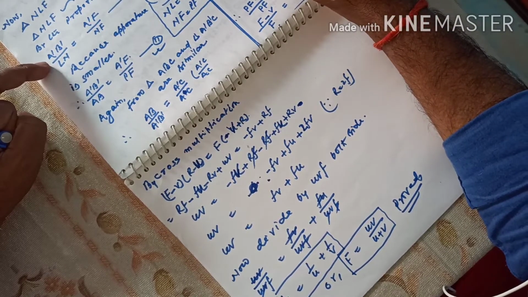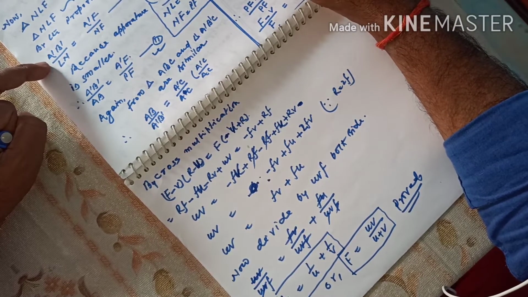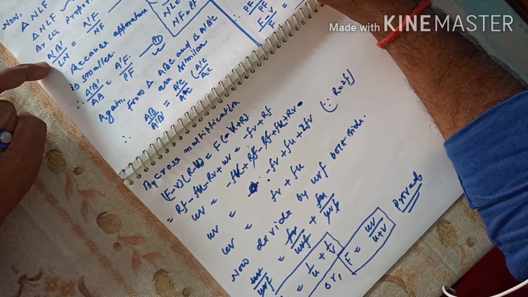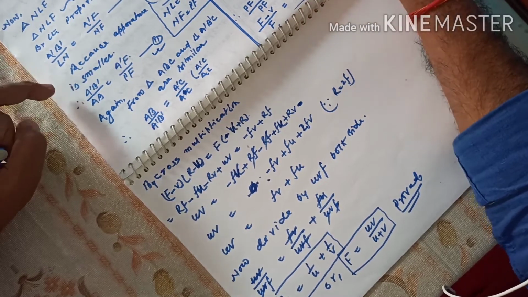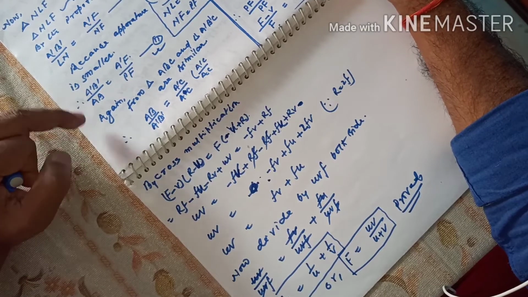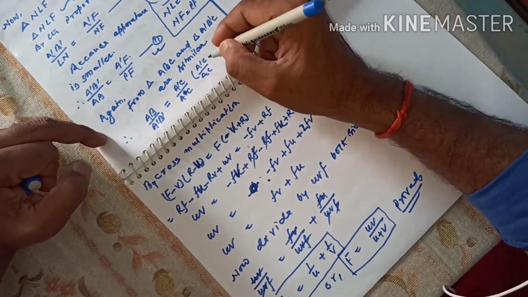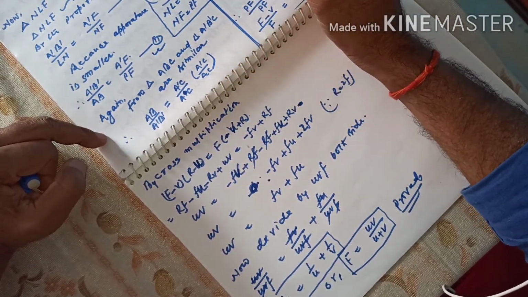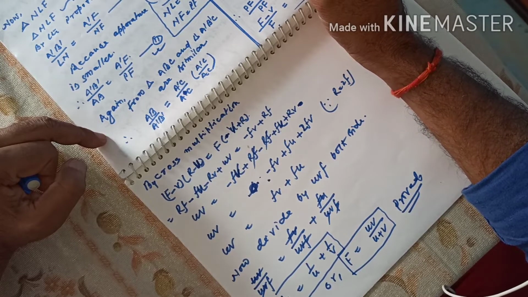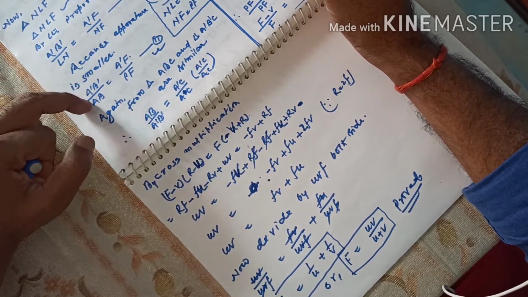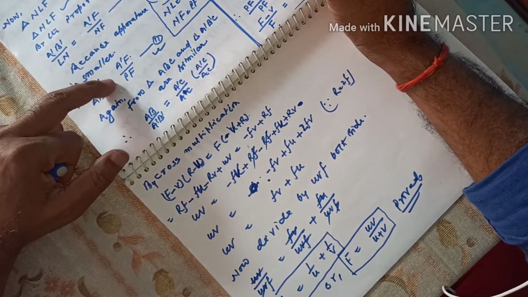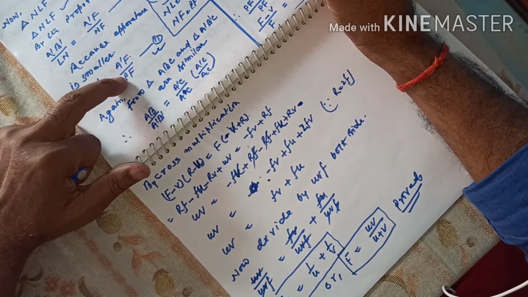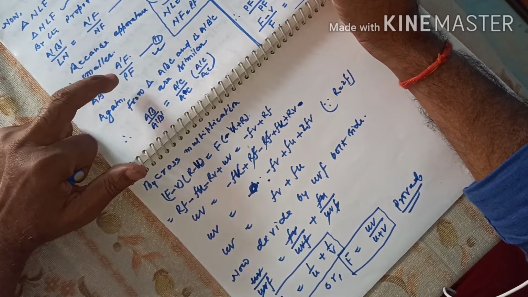Here PN is nearer, so PF is equal to NF. In this way, we produce A'B'/AB = A'F/PF, equation third.